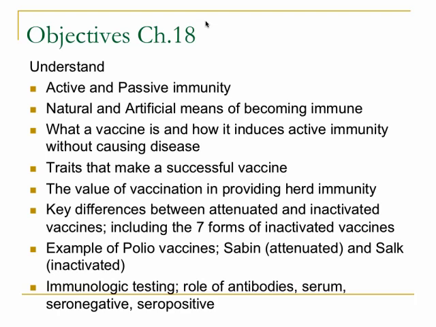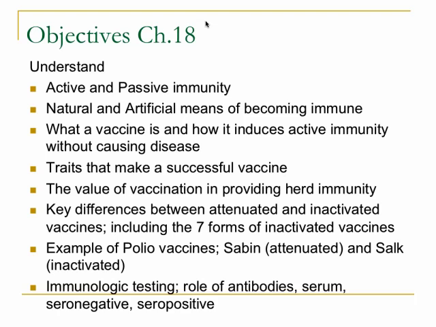So that is the main difference between the two types of vaccines that are made: either attenuated, so the whole pathogen that's somehow been weakened, or inactivated, which can be a killed pathogen or part of a pathogen.